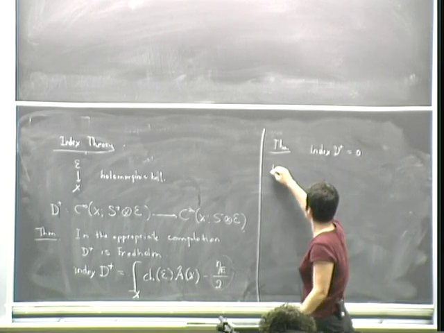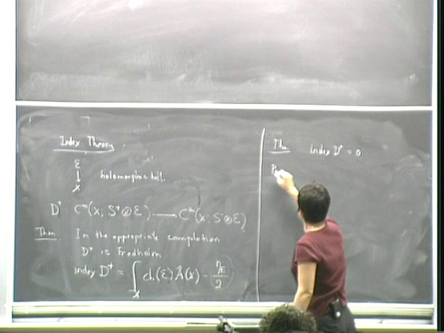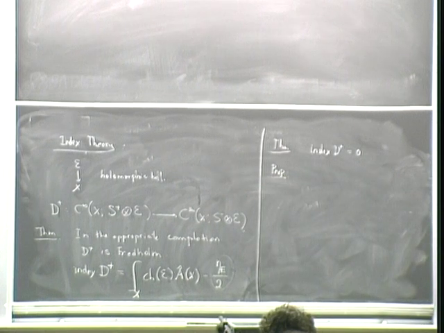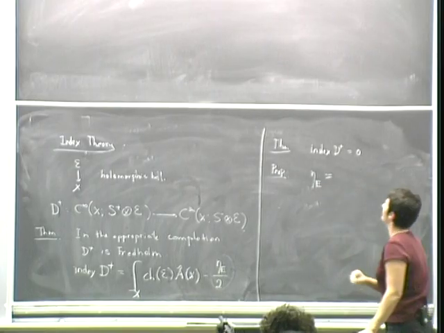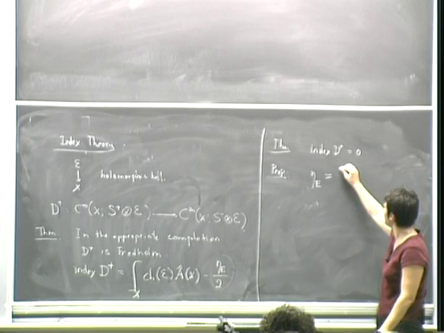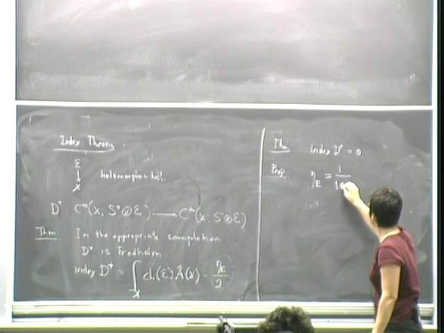And then another proposition, which is some sort of Lefschetz fixed point formula, is that the eta invariant is expressed in terms of the finite group.